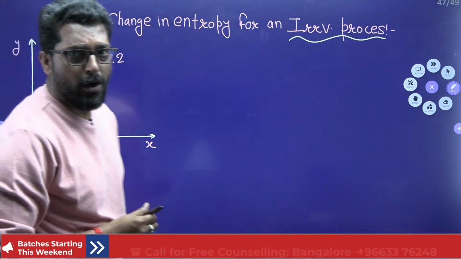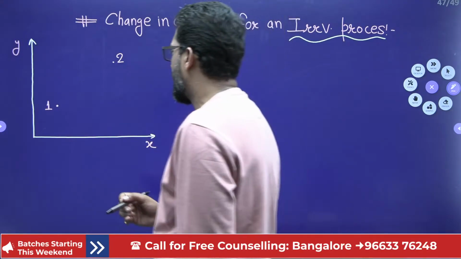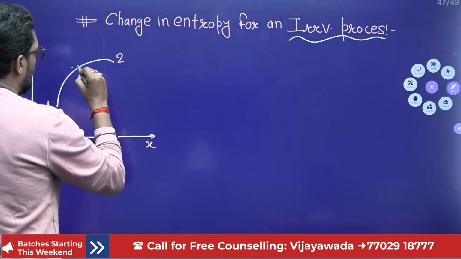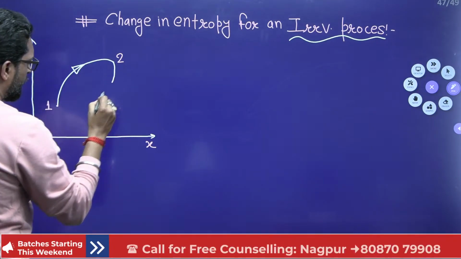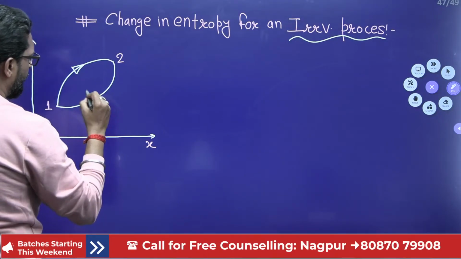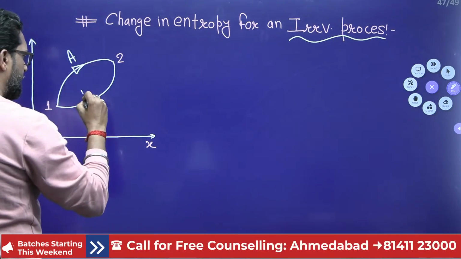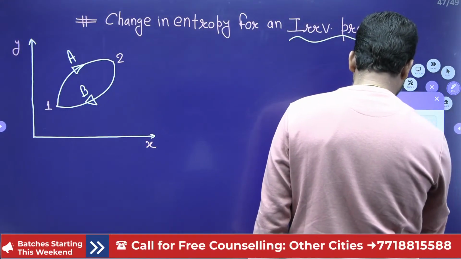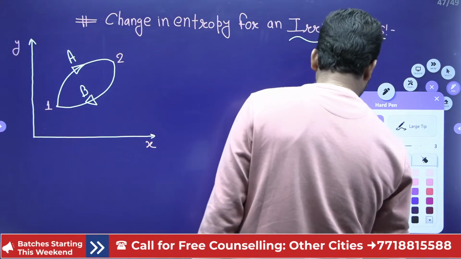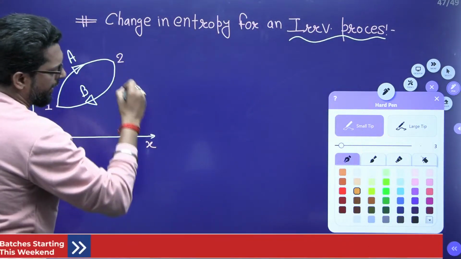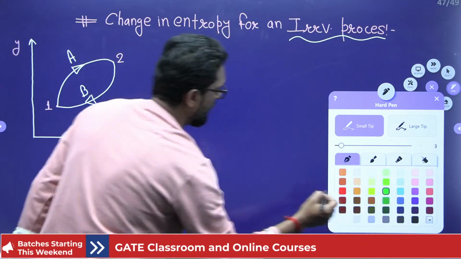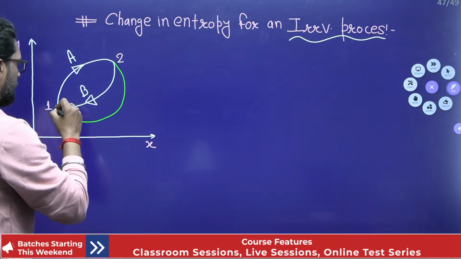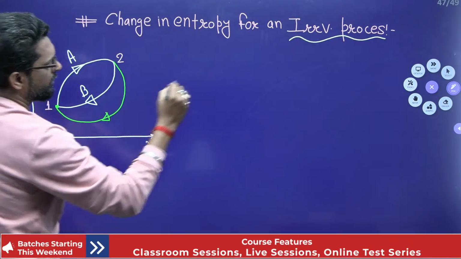From state point 1 to state point 2, we can design a cycle in a reversible manner, A and B. This is a reversible cycle, and we can also draw one in an irreversible manner. So this is another process which is irreversible.